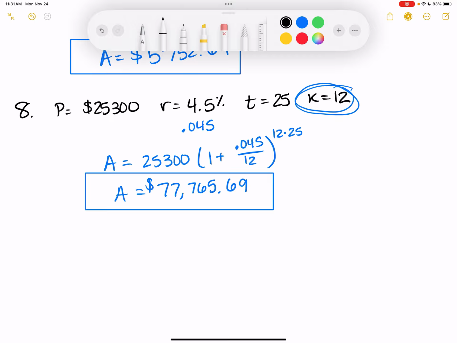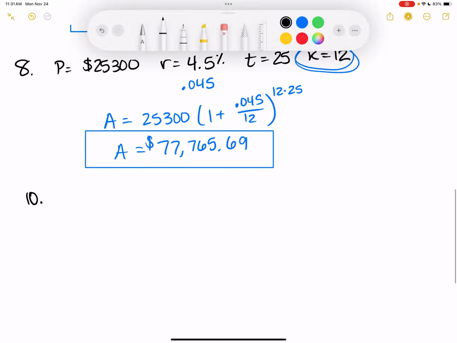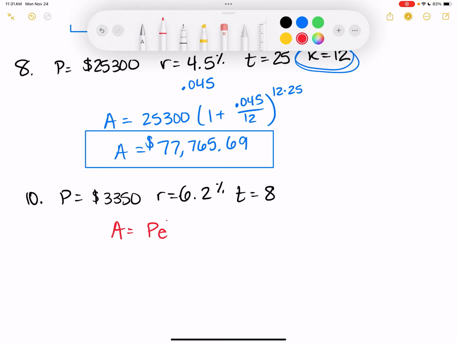Find the amount A accumulated after investing a principal P for T years at an interest rate R compounded continuously. So P equals $3,350. R equals 6.2%. T equals 8. The formula for this one is A equals P E raised to the RT.